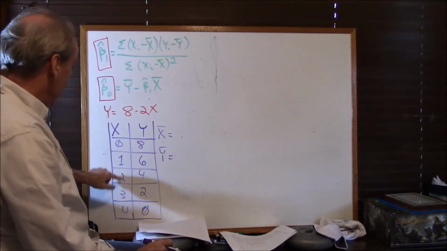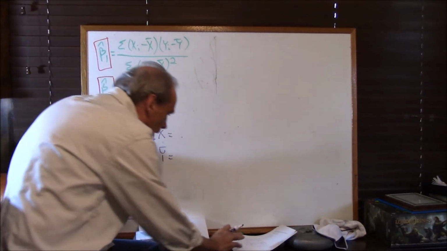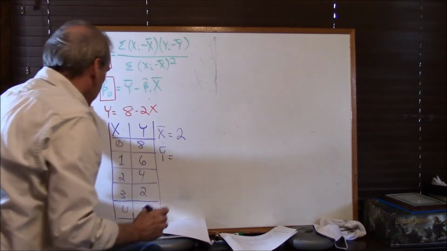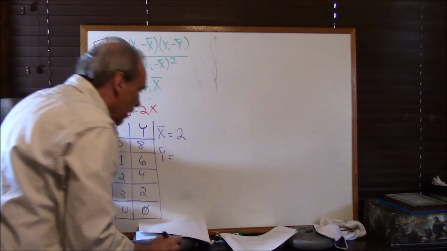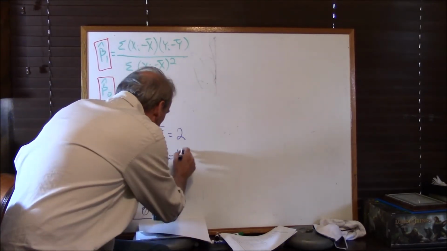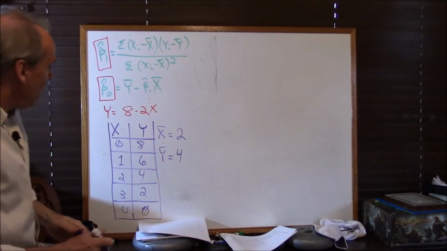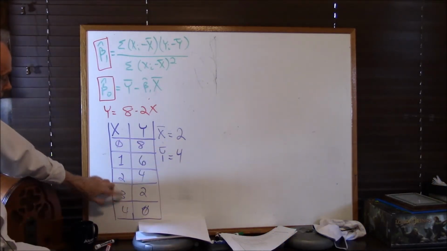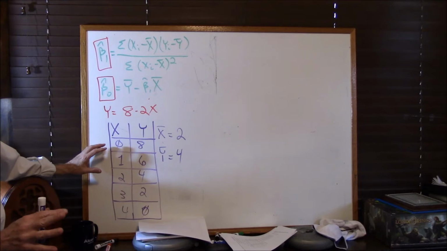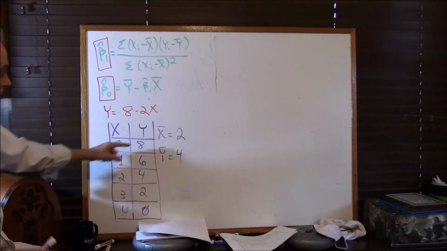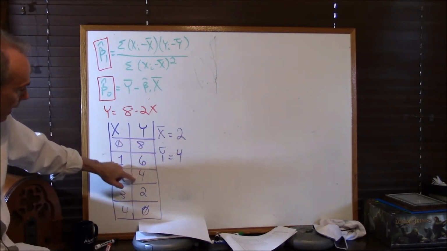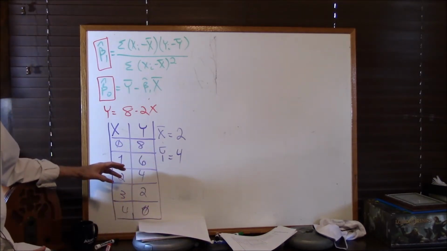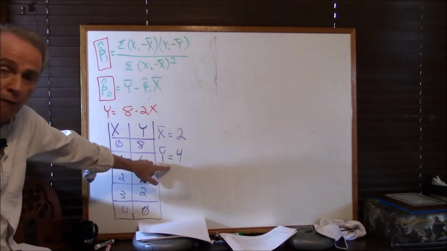We've got 0, 1, 2, 3, 4, they add to 10. 5 observations, total is 10, average must be 2. For y, 8, 6, 4, 2, 0, the sum of this column is 20. 5 observations, sum is 20, average must be 4.